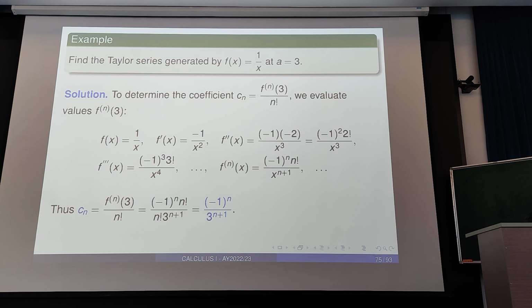That means we need to find the formula for the nth derivative of f. And here's how we do it. So f(x) is 1 over x, f prime of x is minus 1 over x squared. f double prime, the second order derivative, is this one and can be rewritten in this form.